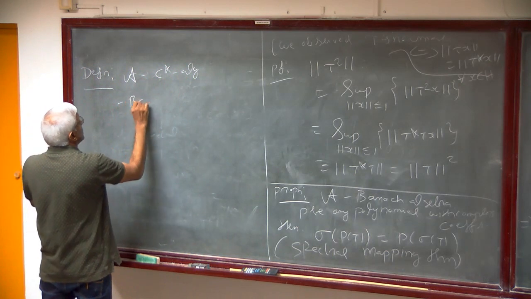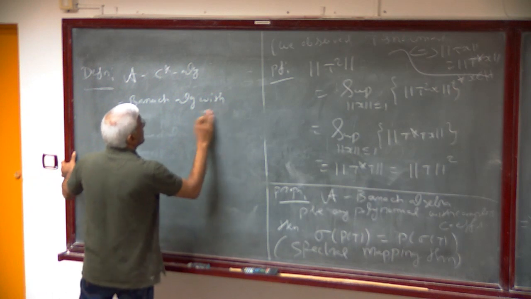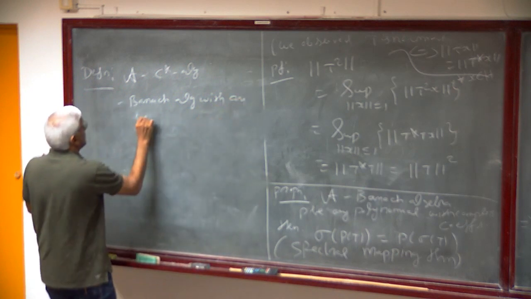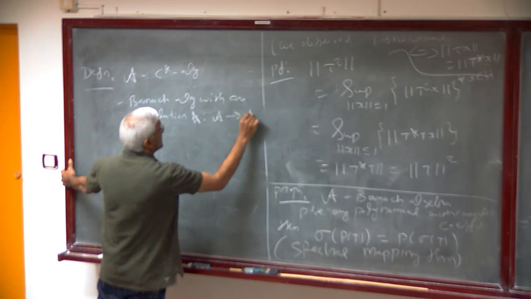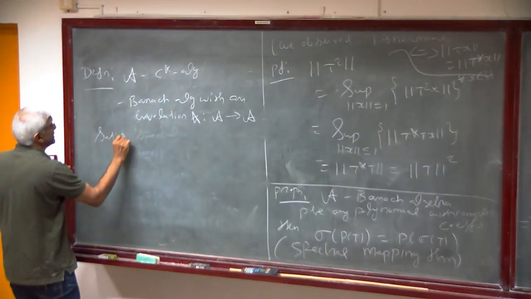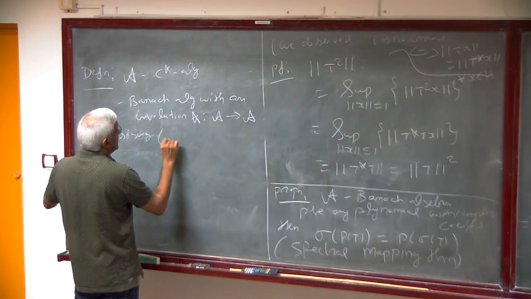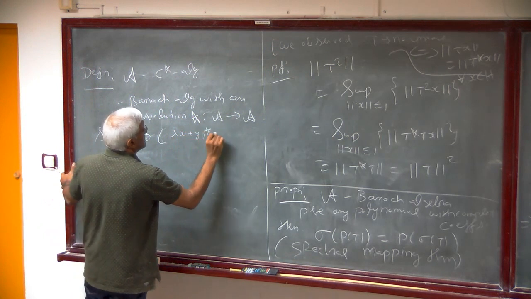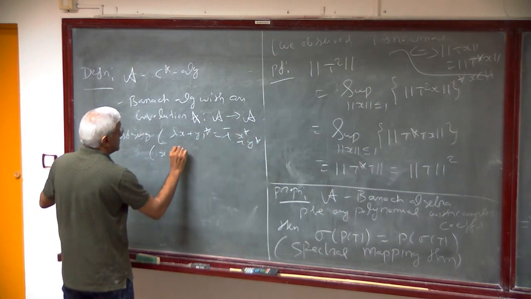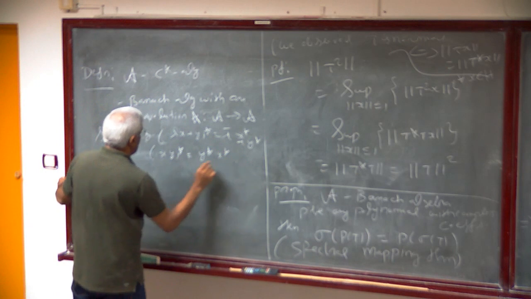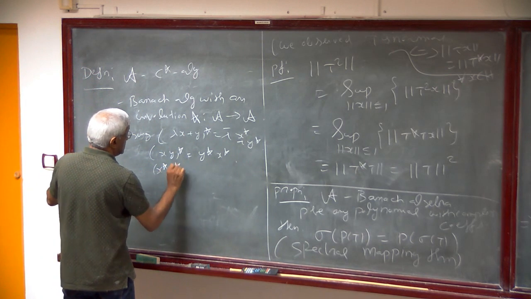It's a Banach algebra with an involution star from A to A. The involution satisfies all the properties of the adjoint, which is: lambda x plus y, star, equals lambda bar x star plus y star; x y star is y star x star; and x star star is x.